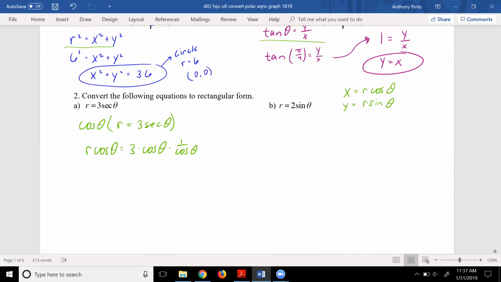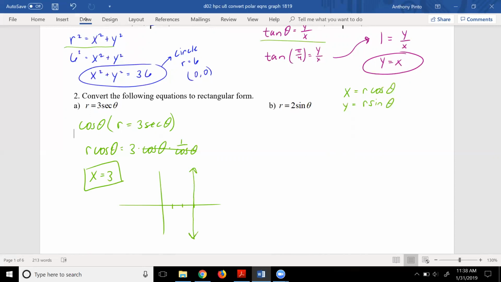That's just the reciprocal identity. These cosines of theta cancel out. r cosine of theta we know is equal to x from this equation that I mentioned over to the right. So we have x is equal to 3, and we've successfully converted this into rectangular form. So all this is, x equals 3, is just a vertical line at 3.